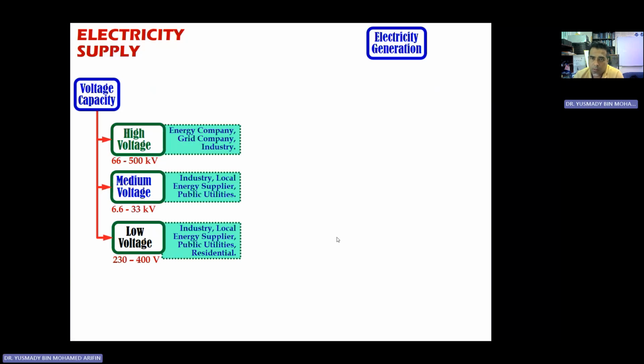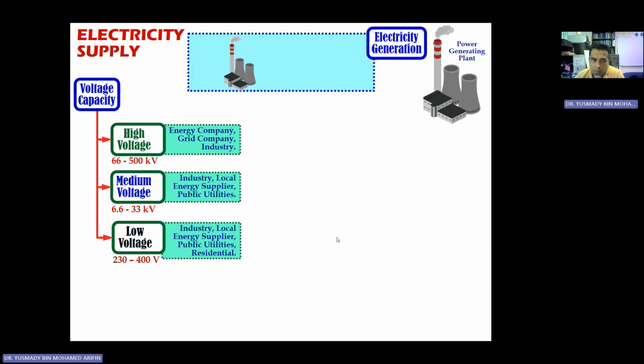Okay, how is electricity generated? In terms of electricity generation, the electricity is produced from power generating plants, such as steam power plants and gas power plants, where they use coal, diesel, gas or nuclear power as their main energy source.